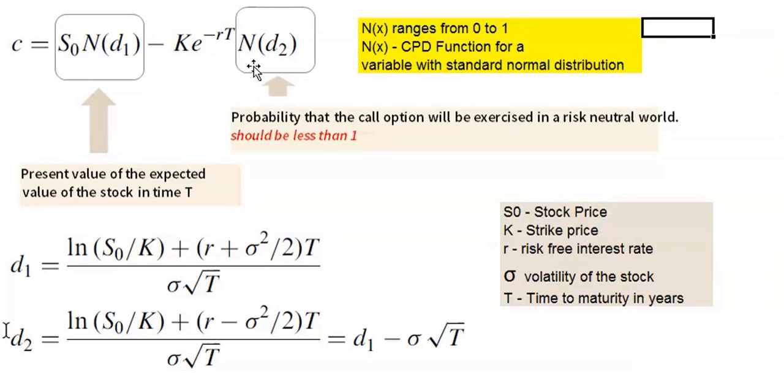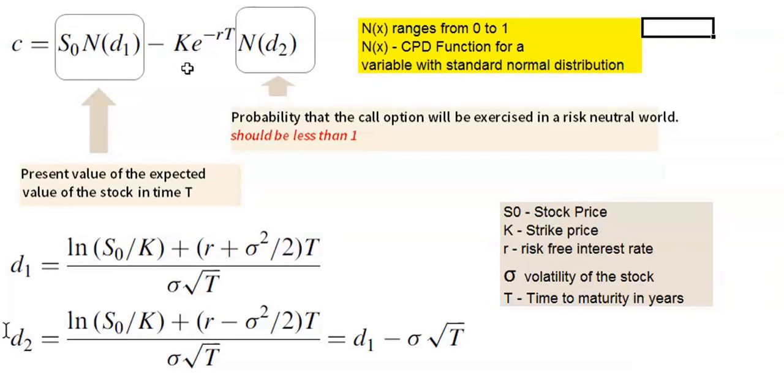Let's start with ND2. ND2 is basically a probability. What we are saying is this is the probability that the call option will be exercised in a risk neutral world. Remember, every probability should be less than 1. The sum total of all the probabilities is 1, but a particular probability is less than 1. So we know that this value will be less than 1.